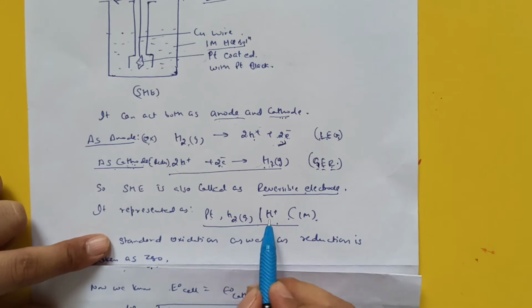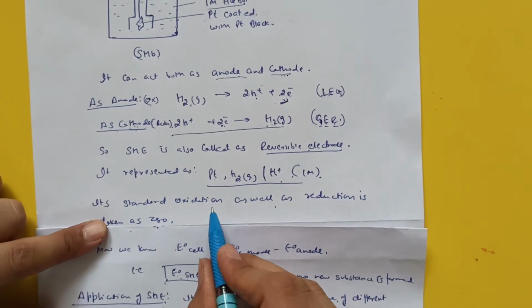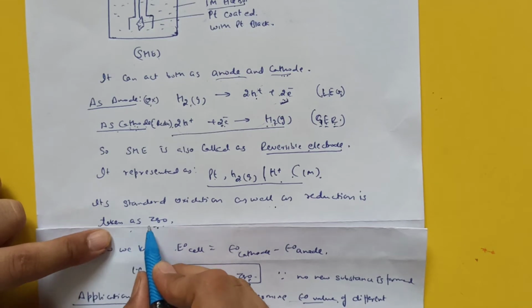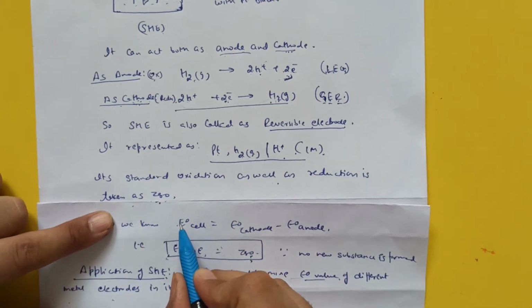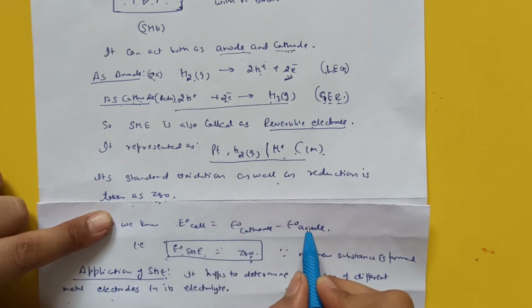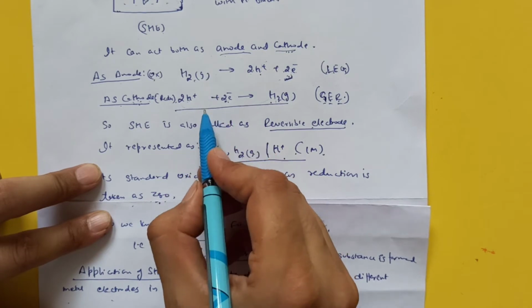So this is the representation of SHE, and its standard oxidation as well as reduction potential is taken as 0. In order to justify this, I am going to write the equation E0 cell is equal to E0 cathode minus E0 anode, and both the reactions are written over here.